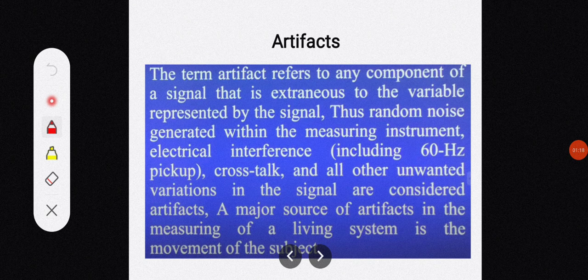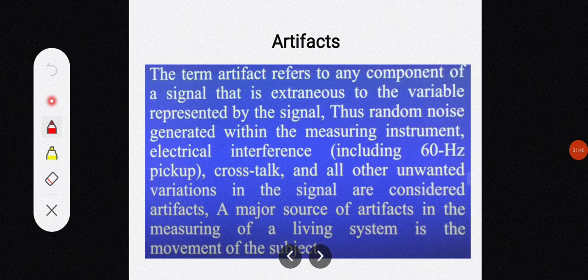The result will be correct when the signal, that is the output of the transducer, is actually the information of the variable that we are going to measure. Now if, for certain reasons, some extra component gets added to that signal which modifies the information of the variable, then that extra component is called an artifact.